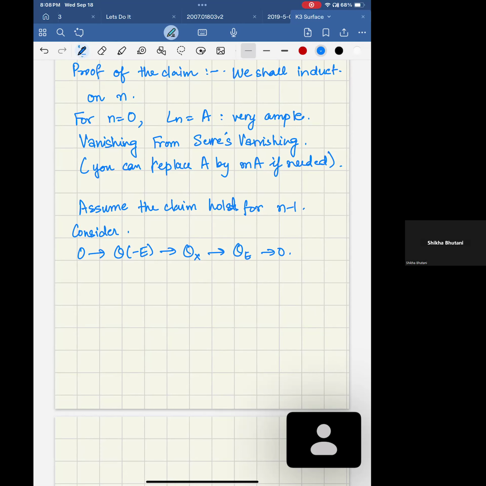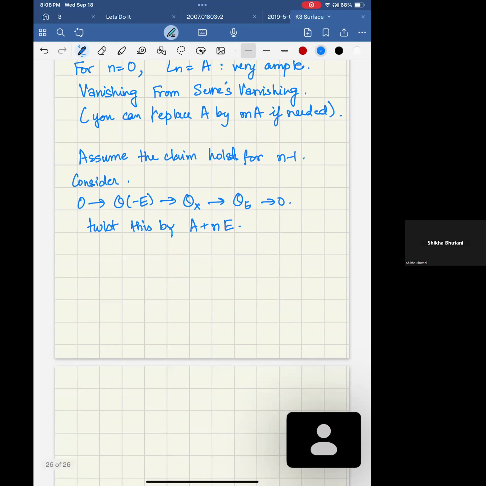So then what you want to do is twist this by A plus nE. What do we get? We'll get 0, O of A plus (n minus 1)E, OX of A plus nE, OE of A plus nE restricted to E, to 0, right?